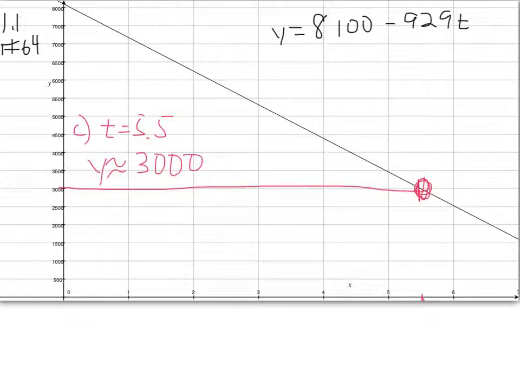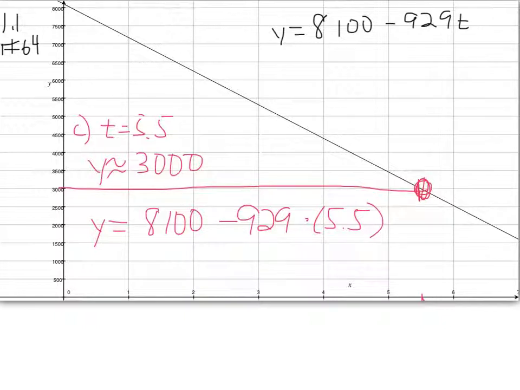Now, if we want the exact number, we can plug in our values, set t equal to 5.5. So it's going to be 8,100 minus 929 times 5.5. So 929 times 5.5 is 5,109.5.